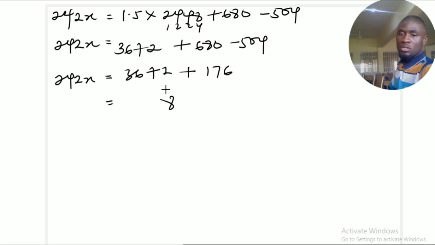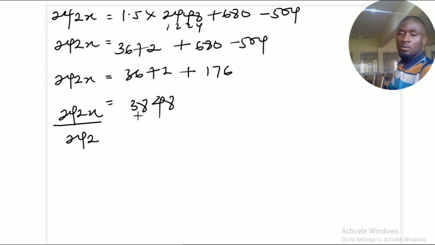So remainder 0, nothing. 7 plus 7 is 14. So, carry 1. 1 plus 6 is 7. 7 plus 1 is 8. Then you put 3. That is 242x is equal to 3,848. So what do you do now?